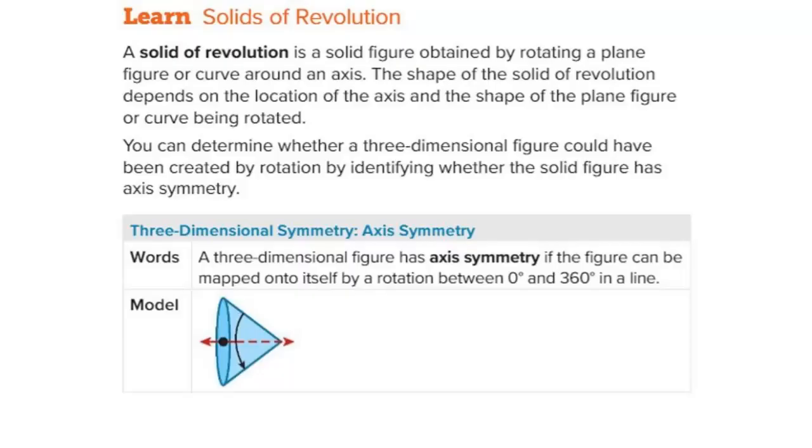I want to move on now to something called solids of revolution. A solid of revolution is a solid figure obtained by rotating a plane figure or curve around an axis. Who has ever taken a bag or a purse and swung it around like this? When you do it really fast, it looks like it's a solid shape, right?